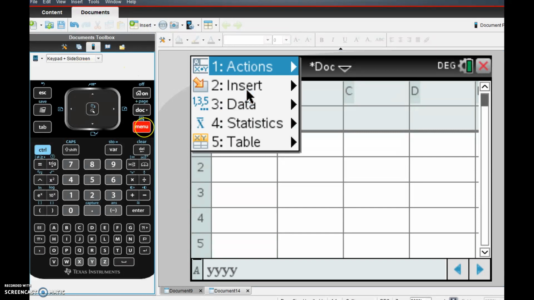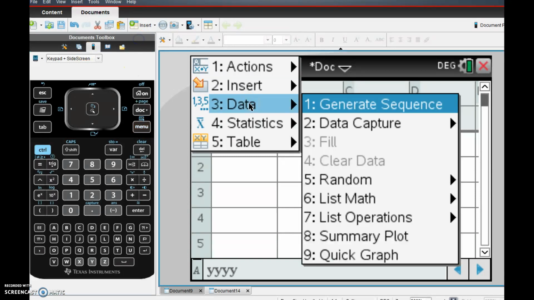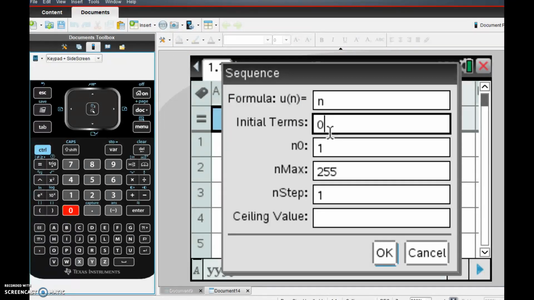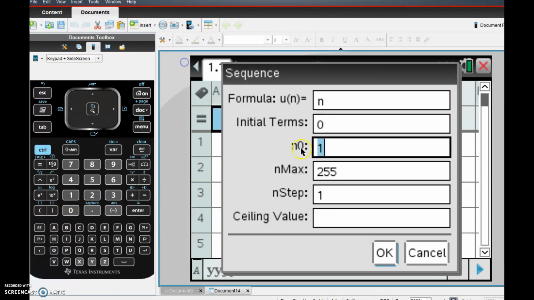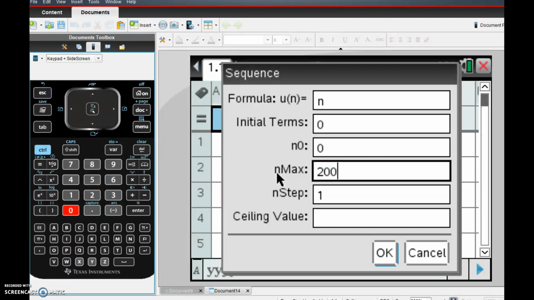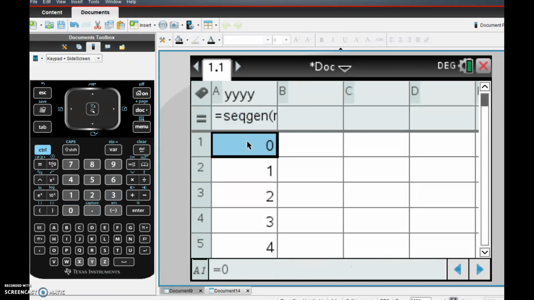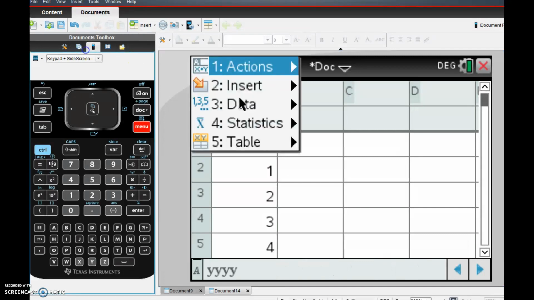I don't know. Should we go like maybe 100 or something? 200? So let's just generate n, initial term 0. I'm going to start from 0 and go to 200. I'll do 200 outcomes. Why did I start at 0? Dang it. It's supposed to start at a 1.